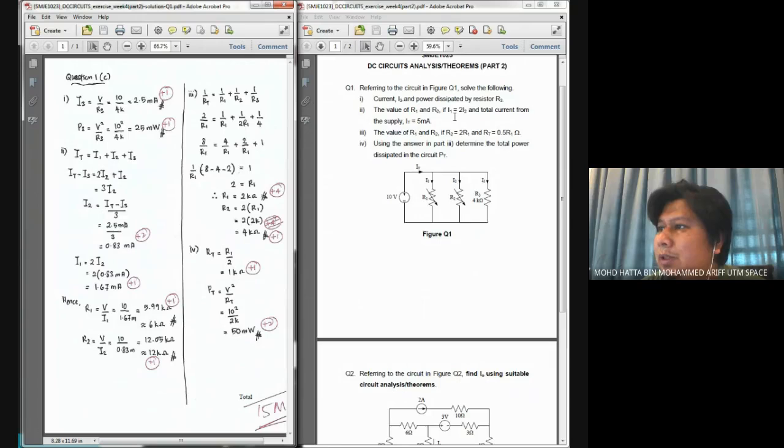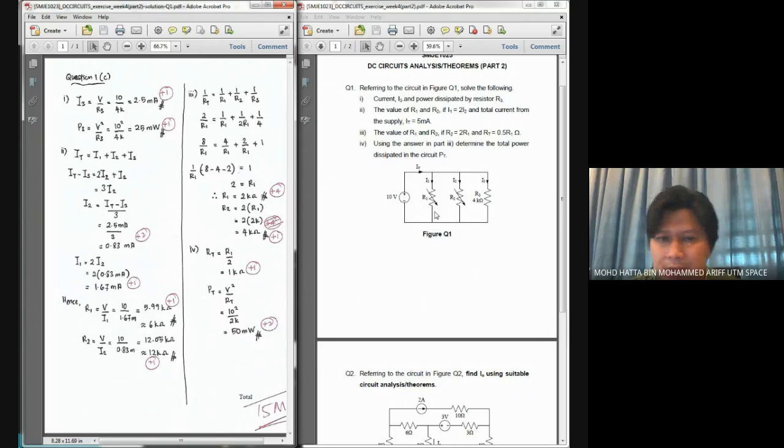Okay, for number 3, I think it's a bit different from number 2, because in number 2 we noted that R1 and R2 are given as 6 kilo and 12 kilo, but in number 3, R1 and R2 are given as 2 kilo and 4 kilo. Please remember that if you have resistors drawn with an arrow across the resistor symbol, it means this is a variable resistor.